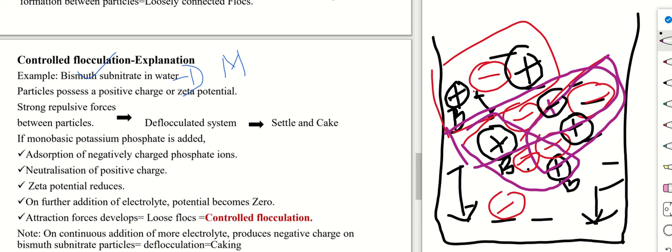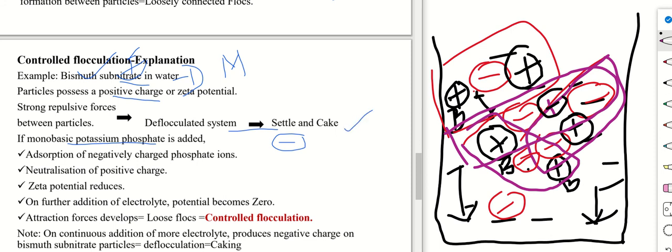So in this example we have considered bismuth subnitrate in water, a positively charged particle. Now to this deflocculated system we are adding monobasic potassium phosphate, a negative electrolyte, so negatively charged ionic particles are being added to the system.